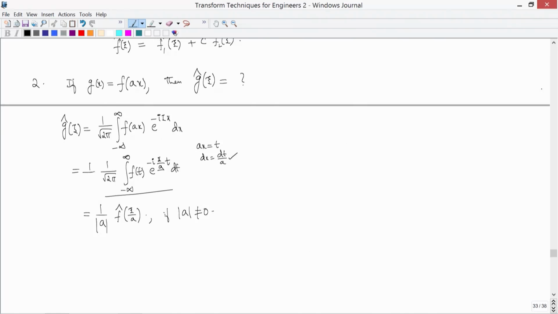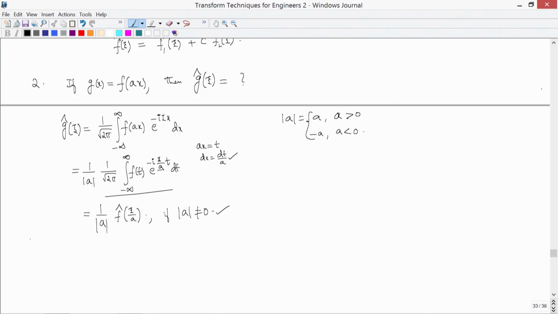That is exactly the definition of mod a: a if a is positive, and minus a if a is negative. When a is negative, the integral from infinity to minus infinity is minus the integral from minus infinity to infinity, so that minus comes out. Minus 1 by a is exactly 1 by mod a.